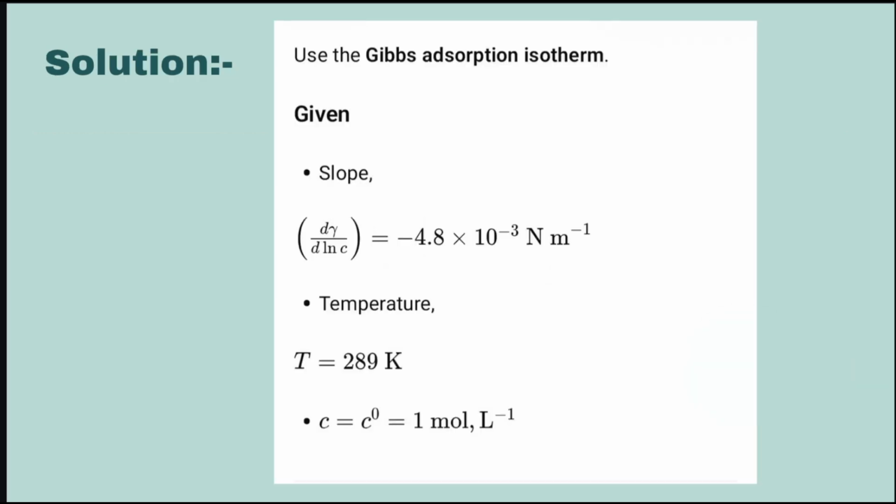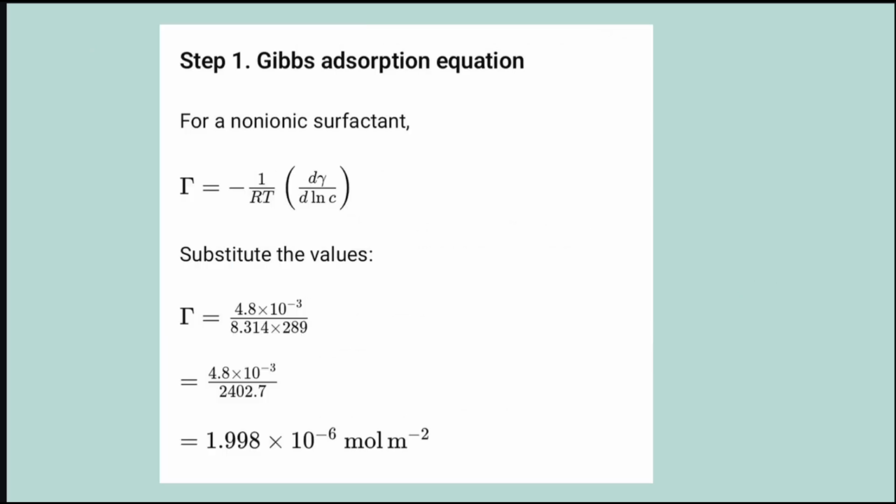Here use the Gibbs adsorption isotherm. Given the slope d gamma divided by d ln c is equal to minus 4.8 into 10 to the power minus 3 Newton per meter, temperature T is 289 Kelvin, and C is equal to C0, which is 1 mole per liter. Now step 1, Gibbs adsorption equation. For a non-ionic surfactant, eta is equal to minus 1 by RT into d gamma divided by d ln c.